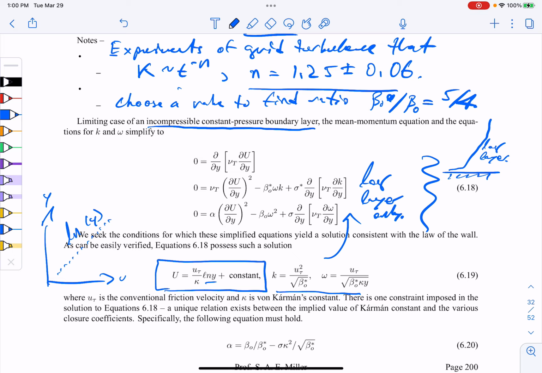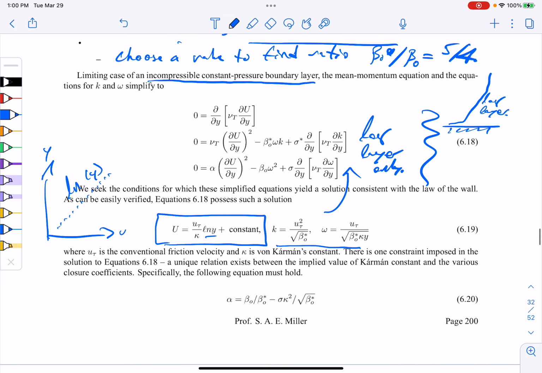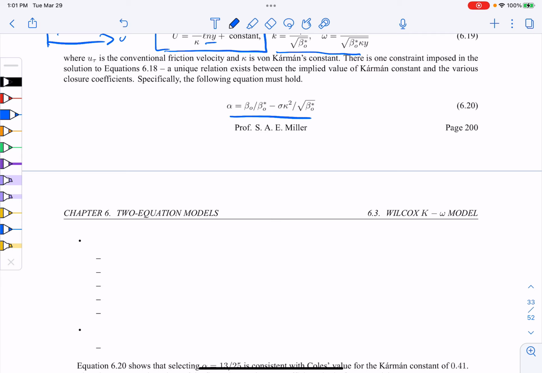He's superimposing a solution he knows to be the dominant high Reynolds number log layer of the boundary layer, and from that he can see what coefficients satisfy this imposed solution. It's unique. He shows that alpha would go as beta naught over beta naught star minus sigma kappa squared divided by the square root of beta naught star. For this to work, this is really a constraint.